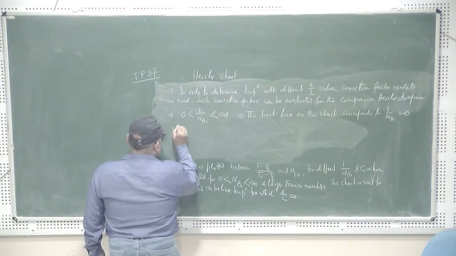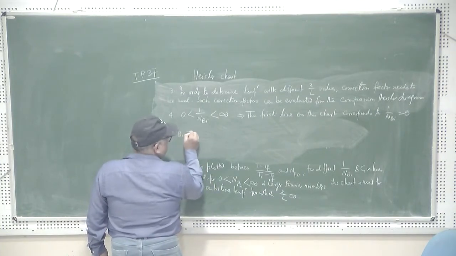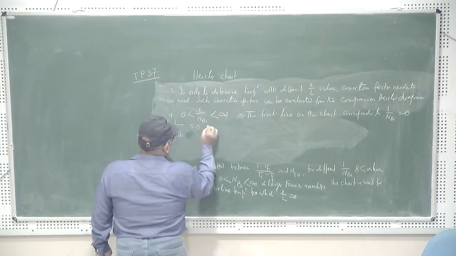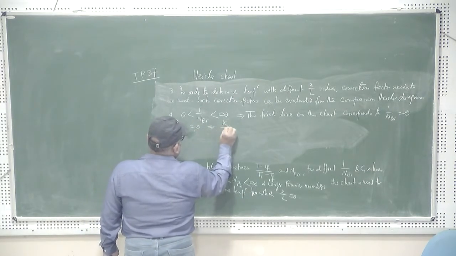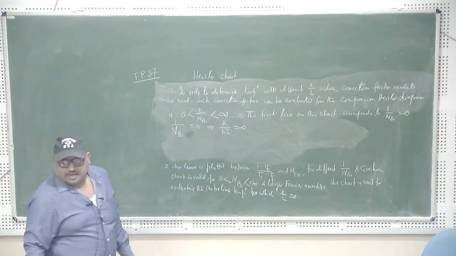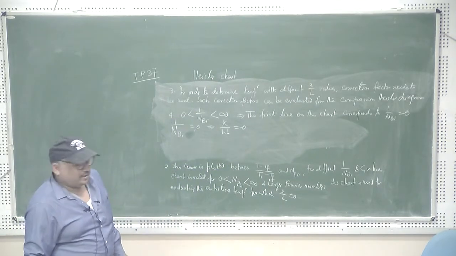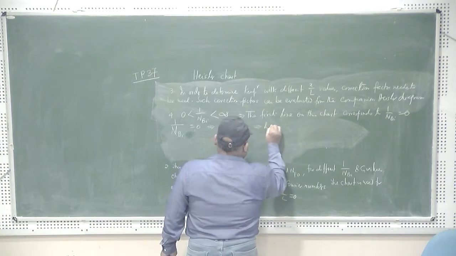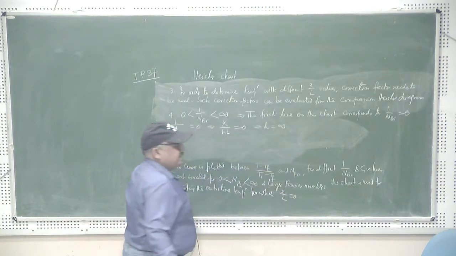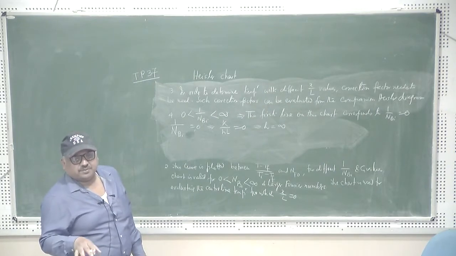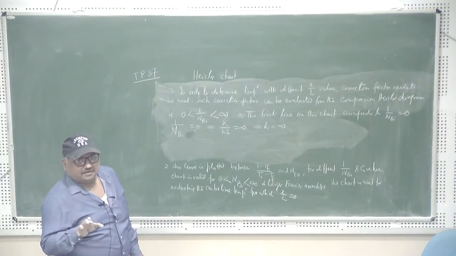So, if I am saying that 1 by Biot number is equal to 0, it means K divided by HL is equal to 0. It means H is infinity. That means the convective heat transfer coefficient on the surface of the body is infinite.